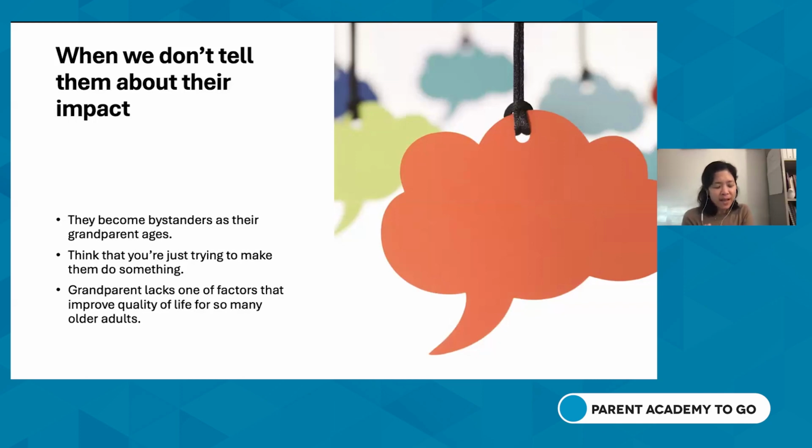And they ended up just watching what was happening. They do not need to watch. When you tell them, hey, you have an impact, and you help them to realize that they have this superpower to bless their grandparent, they start to see, oh, I can play a role in this.